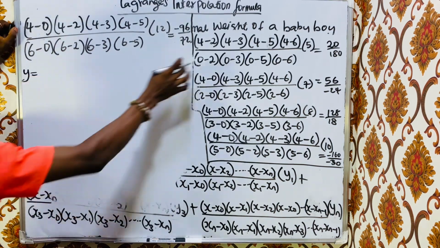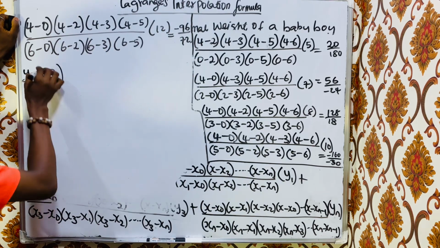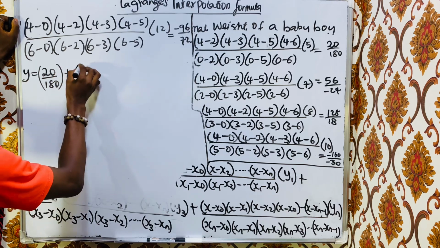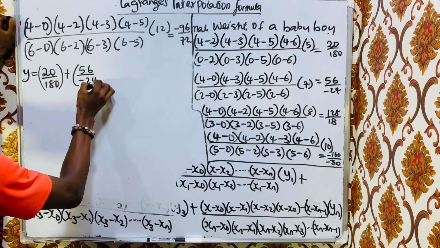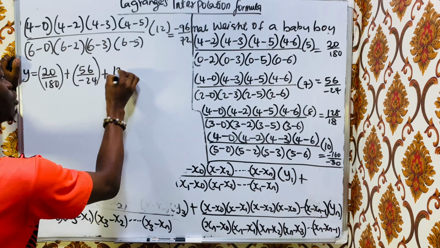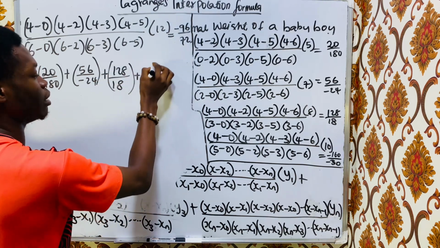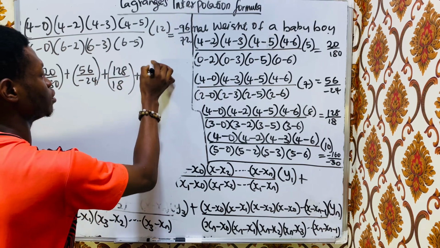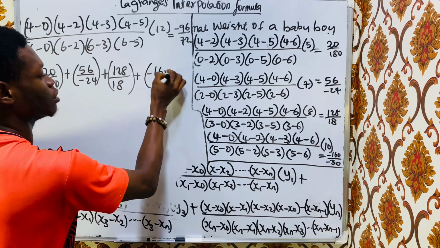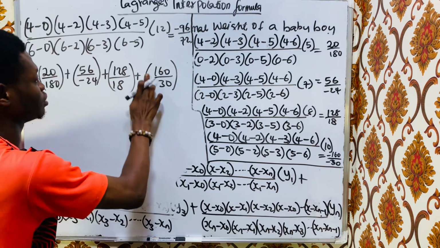Y is equal to, for this one, 20 over 180, then plus 56 over minus 24, then plus 128 over 18, plus minus 160 over minus 30, which is automatically plus 30.